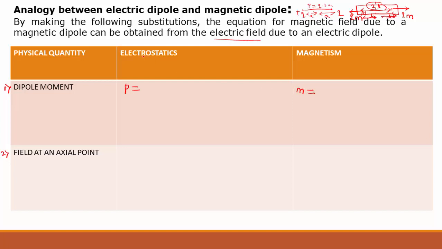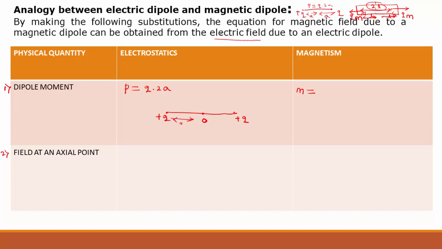In electrostatics, the dipole moment equation is the product of q into 2a, because these are two point charges separated by a small distance. Here this is the midpoint of the dipole.